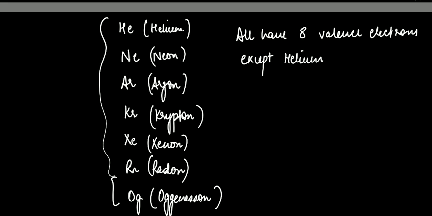That's the stability rule I'll be writing now. Helium has only the K shell complete, meaning it has 2 electrons in the K shell. Apart from that, neon, argon, krypton, xenon, radon, and oganesson all have 8 valence electrons.